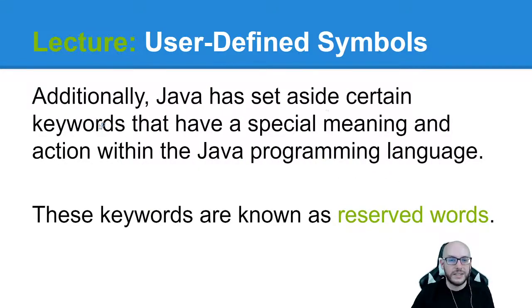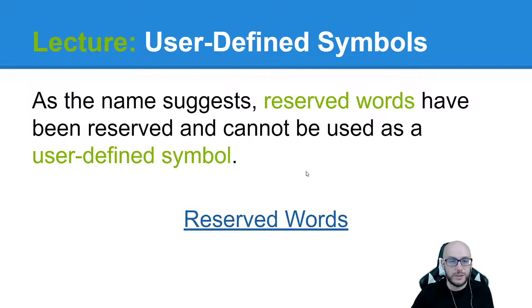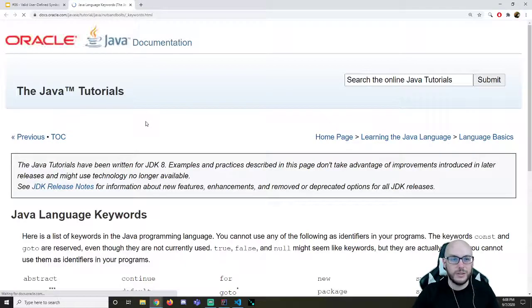Additionally, Java has set aside certain keywords that have a special meaning and action within the Java programming language. These are known as reserved words. I also say simply keywords, we'd accept that. But reserved words, as the name suggests, are reserved. You can't use them as your user-defined symbol. And I know that your brain's already going at it, you're already thinking of some reserved words.